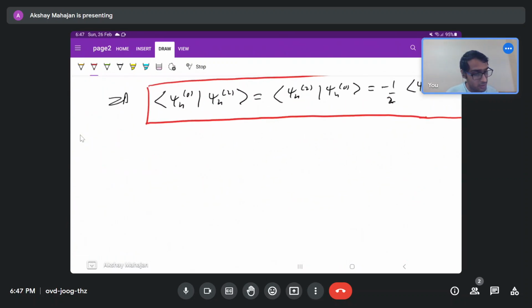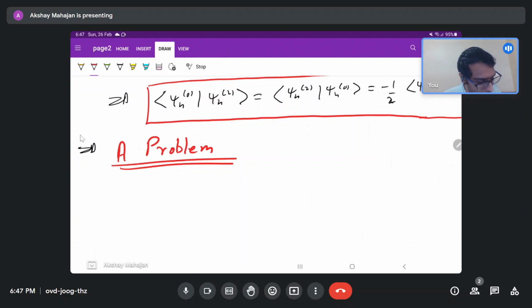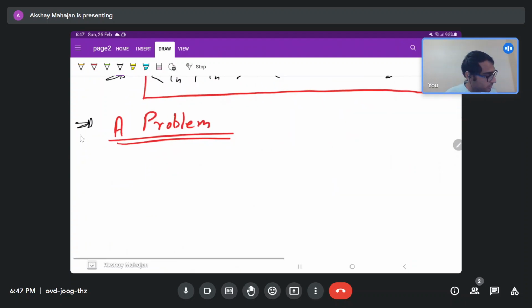All right, now let us do a problem to get more practice on this perturbation theory.